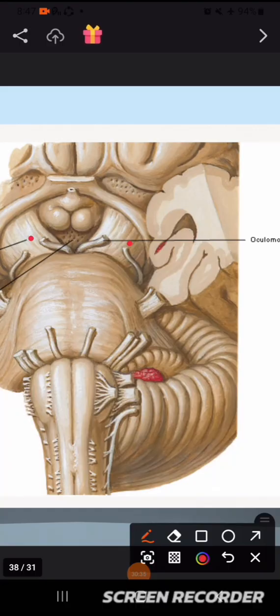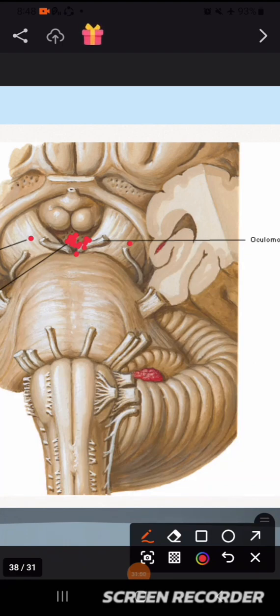Between them there is the interpeduncular fossa. The floor of the interpeduncular fossa has the posterior perforated substance.